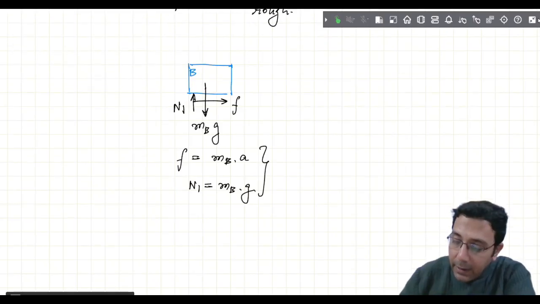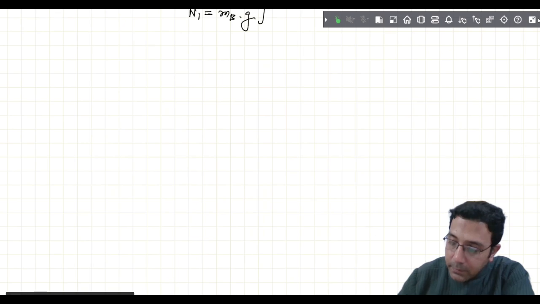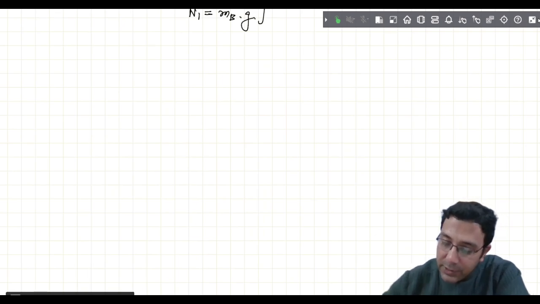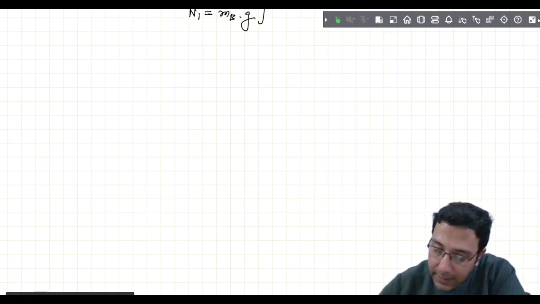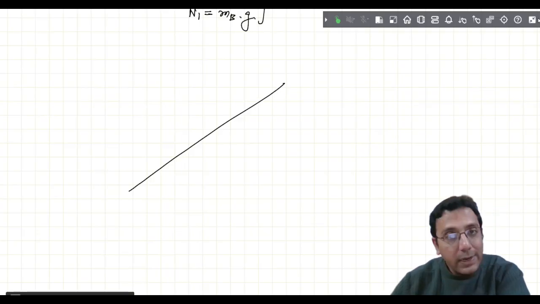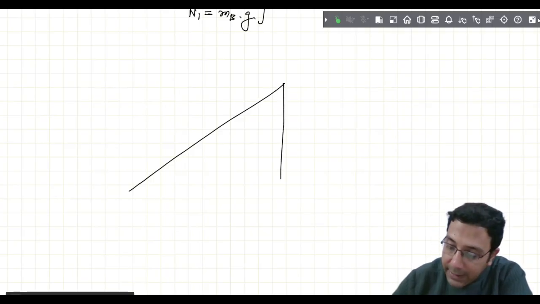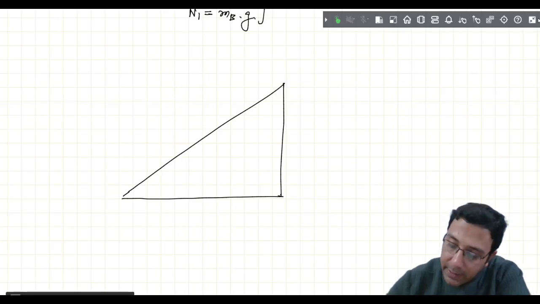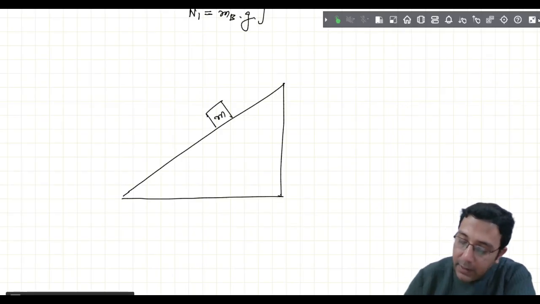Okay, let me try to draw what the situation will be if it is on an inclined plane. We have already seen inclined planes in the case of laws of motion. Here, how will I draw it? Let's say there is a body M over there. The angle is theta.